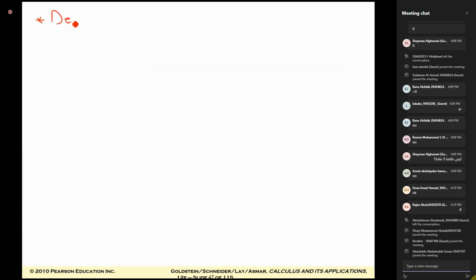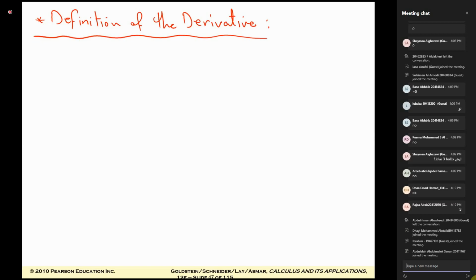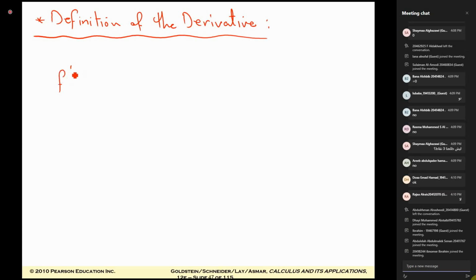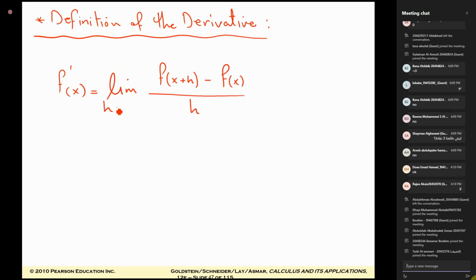Okay, definition of the derivative. If you are asked in any exercise, example or question to use the definition of a derivative to find f prime or the first derivative, you must find it by using f prime equals the limit of f of x plus h, so we need to substitute x plus h in the f of x, minus f of x, over h, as h goes to 0.